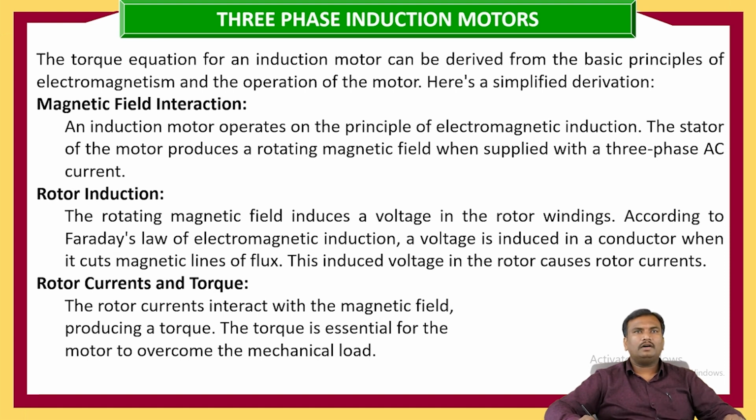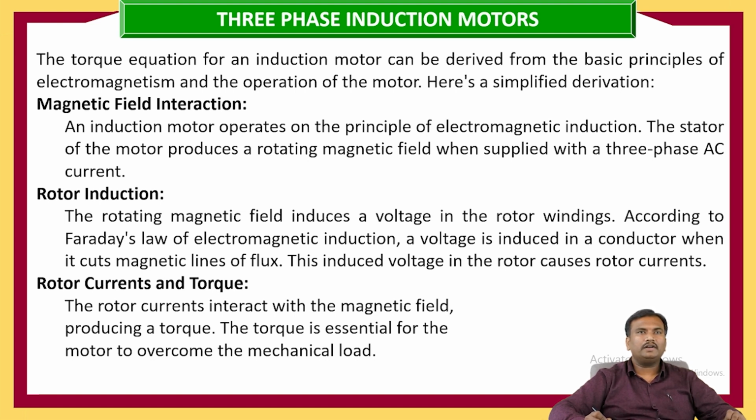As we know, induction motor always operates on the principle of electromagnetic induction. The stator of the motor produces a rotating magnetic field when supplied with a three-phase AC current. This is our main magnetic flux, that is rotating magnetic flux, which is developed in the stator winding.